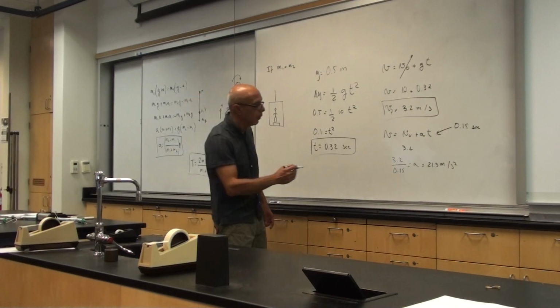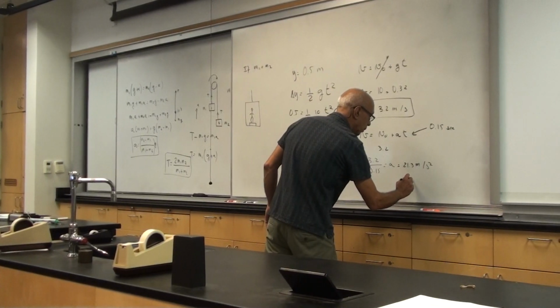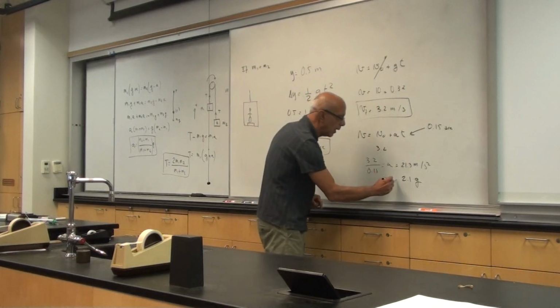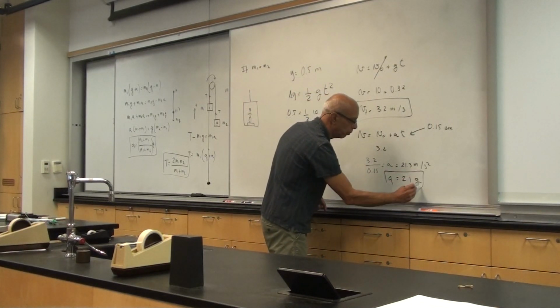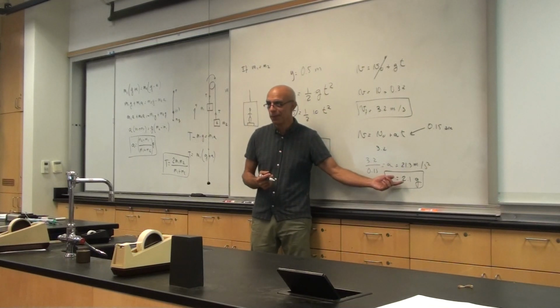This is like 2.1 g. Right? So A is like 2.1 g, because g is 10, right? So I can write this in terms of g now.